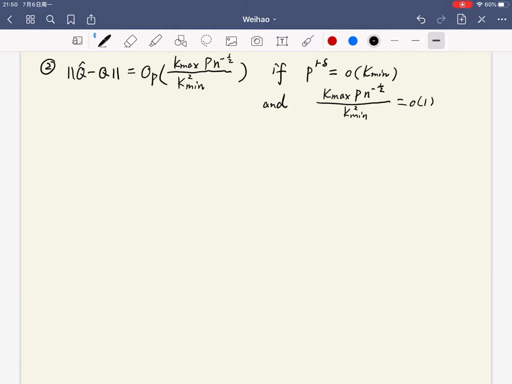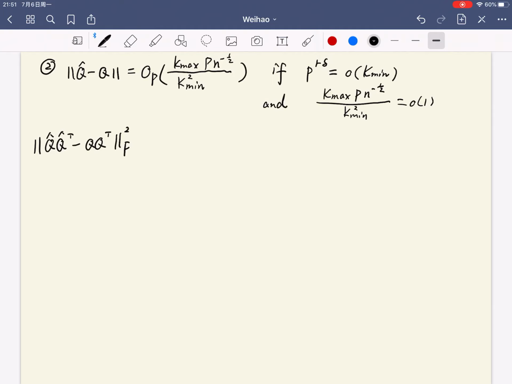There is another remark. Generally for dimension reduction methods, we are interested in bounding the eigenspace, which is given by Q times Q transpose minus the population version, the difference between two linear spaces.